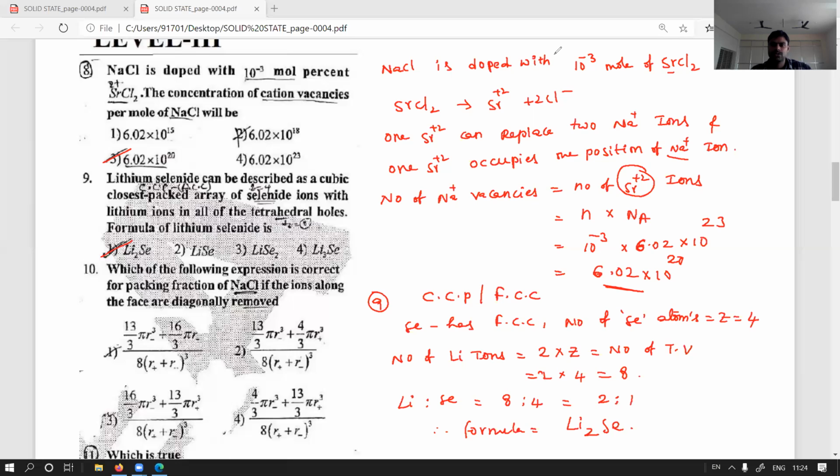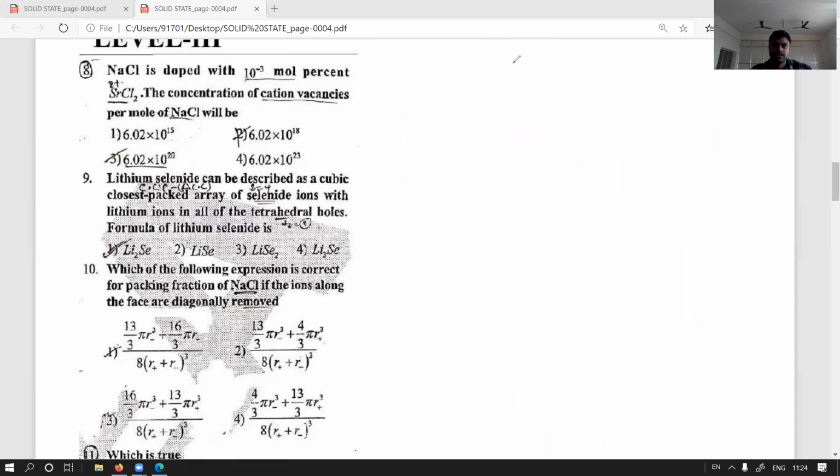Next, the 10th question is very important and easy also. In the 10th question, we need the packing fraction of NaCl when one face diagonal is removed. First, we think about the NaCl structure.